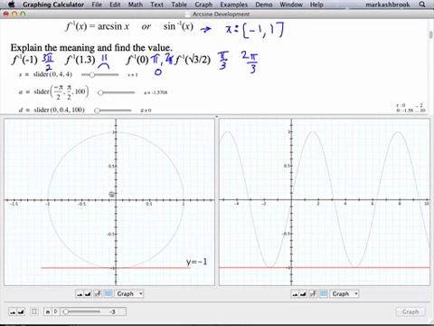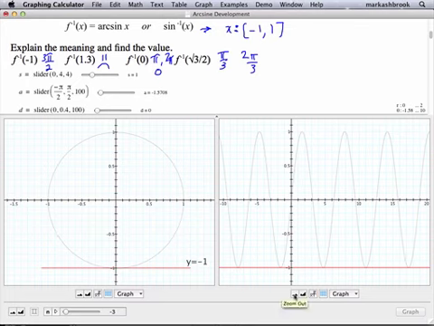So here's input of y equals -1. How many angles are associated with a vertical distance of -1? Do you see that I'm showing 5 there?